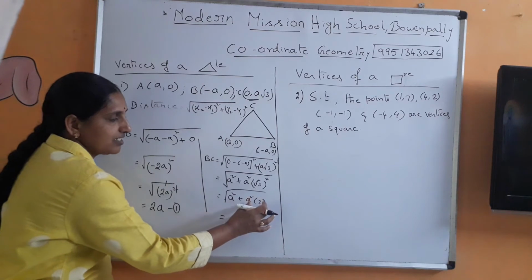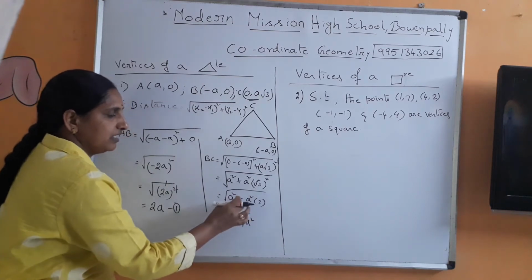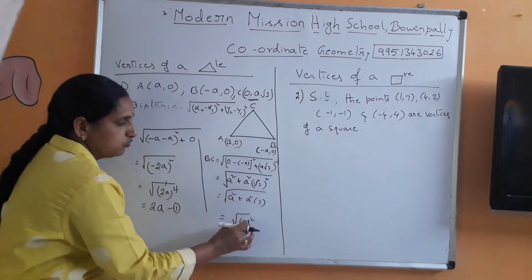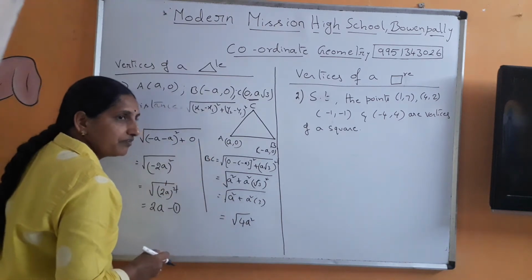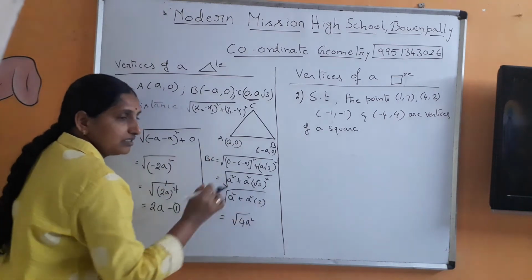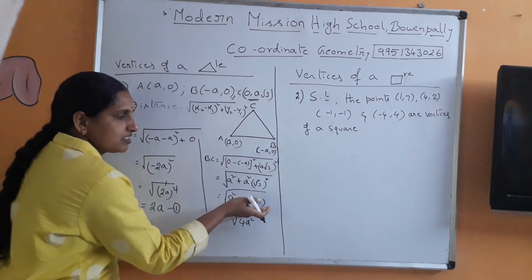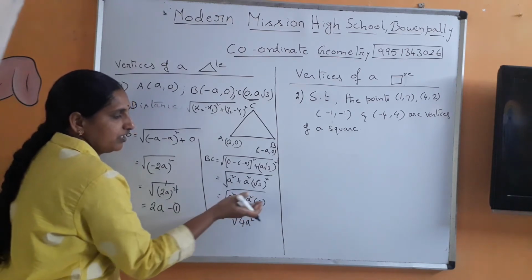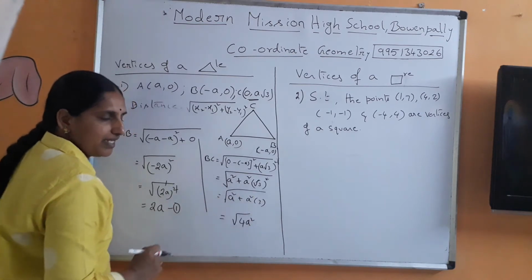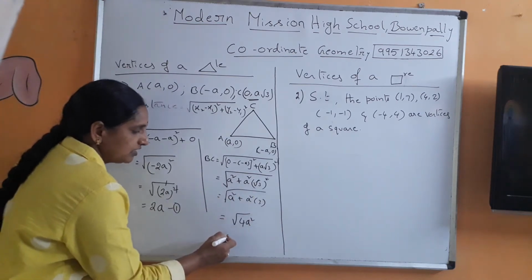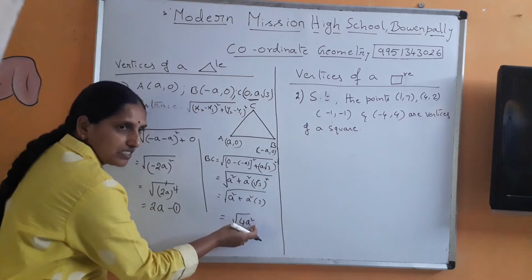How many a squares are here? Here are 3 and here is 1. Total 4a square. If any of you still have confusion in adding these, this is the common sense point: 3 here, 1 there, so total 4. So this is 4 into a square.